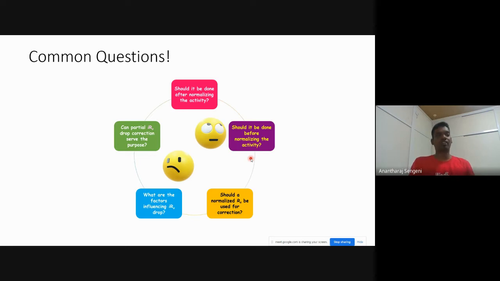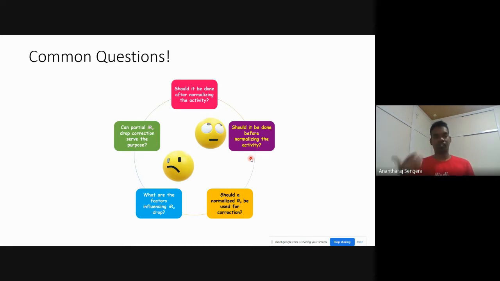Whether we should take the uncompensated resistance value directly from the Nyquist plot, irrespective of whether it is normalized or non-normalized. And there are also people who asked me about the sources and factors influencing IR drop and its magnitude. And one of the major questions was: what is the right way to perform IR drop compensation? In particular, the percentage of IR drop compensation.